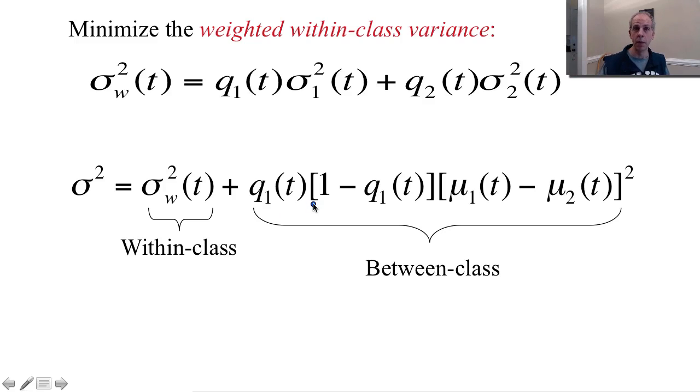Very simple. You keep adding and you get to the result. So very simple, either if you use the direct computation or if you use the recursive computation. You run through all the possible values of t. You pick the one that either minimizes this or maximizes this, and you're done.